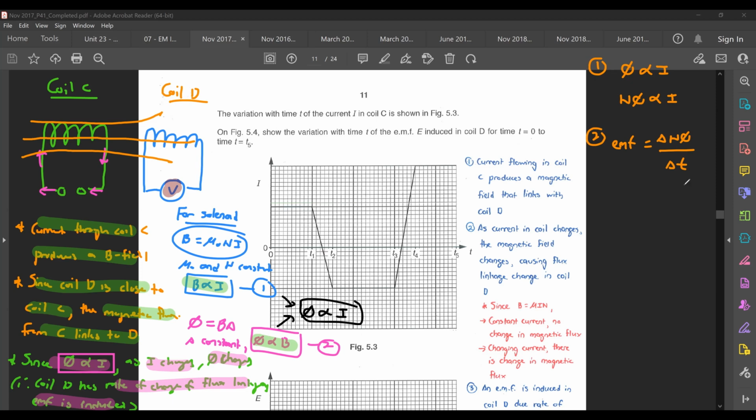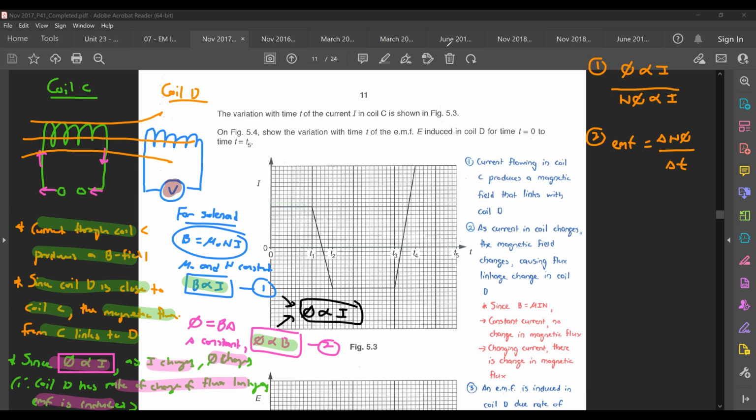It's actually there to indicate the presence of Lenz's law. But here we're really just interested in the magnitude, so we don't really need to bother about putting a negative sign here. That's unnecessary. So EMF being the rate of change of flux linkage, there's something from there that you can then do.